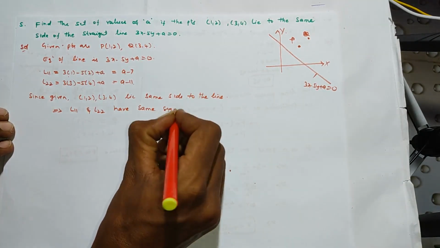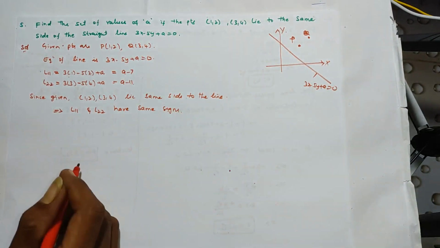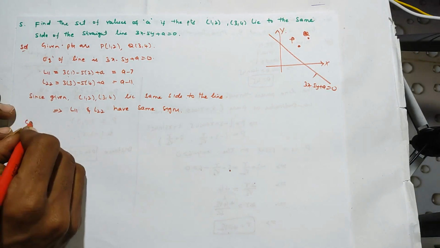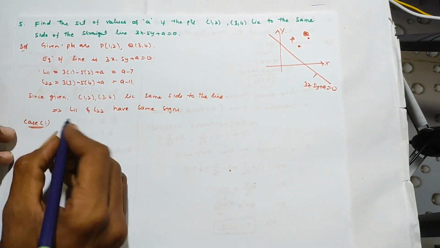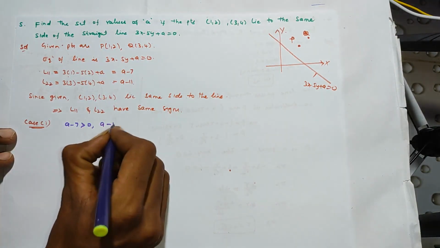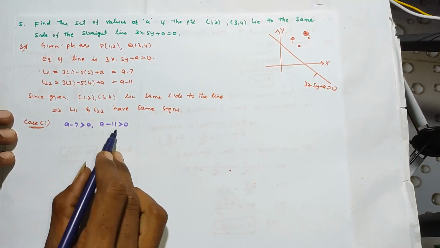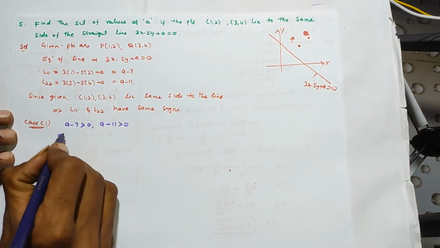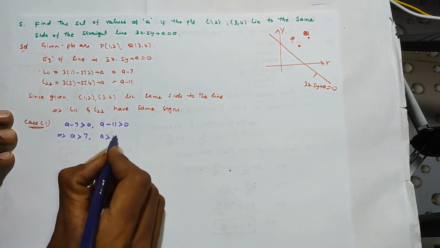Have the same signs, which means both are positive or both are negative. Case 1, a minus 7 is positive, comma, a minus 11 is positive. Clear? a minus 7 is positive and a minus 11 is positive. It can be written as a greater than 7, comma, a greater than 11.